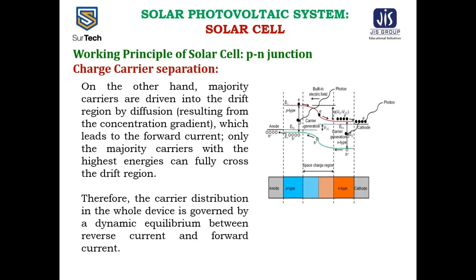On the other hand, the majority carriers are driven into the drift region by diffusion, which leads to the forward current. Only the majority carriers with the highest energies can fully cross the drift region. Therefore, the carrier distribution in the whole device is governed by the dynamic equilibrium between the reverse current and the forward current.